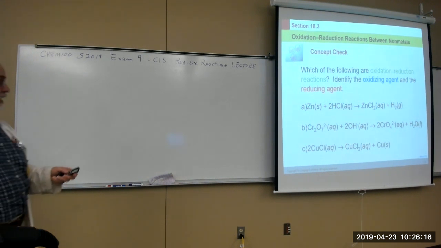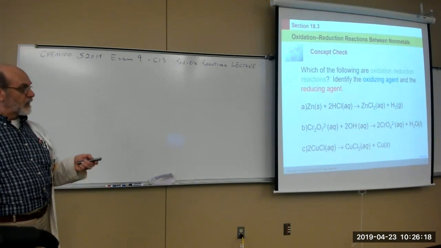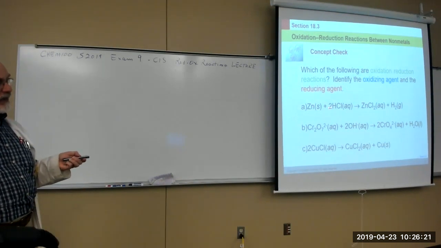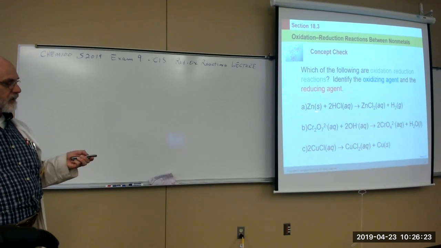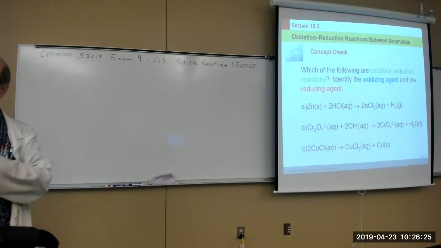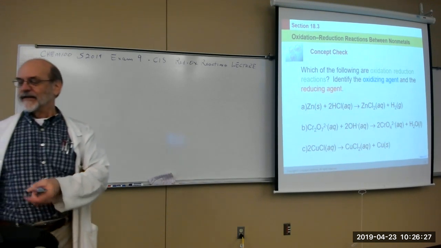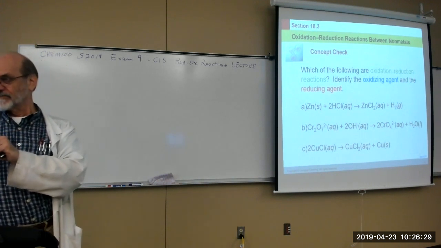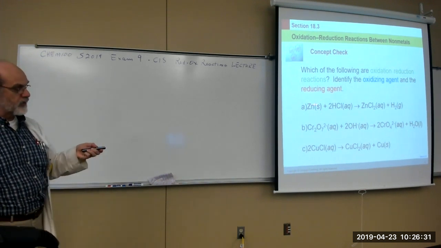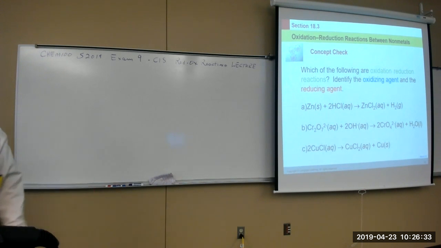All right, the trick I gave you earlier, if you start off with an element or you end up with an element, doesn't matter which, and it ends up in a compound, then you have an oxidation reduction. So we know this one's oxidation reduction without even calculating the values. But since we have to determine which is oxidizing agent and which one's reducing, we need to do that.